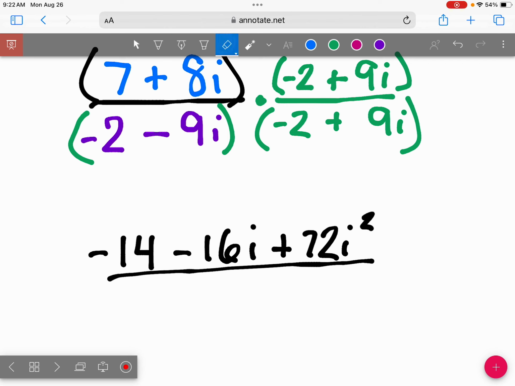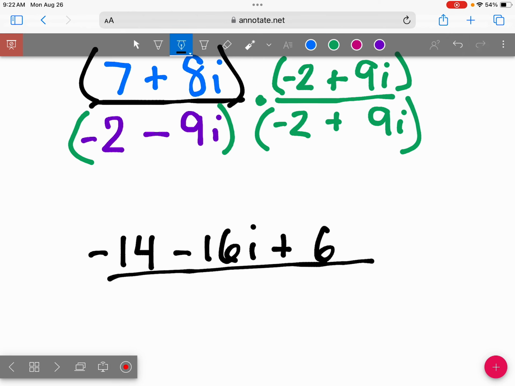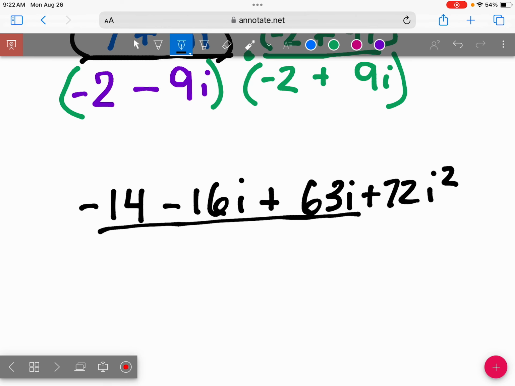I'm going to switch it back to the regular order. 16, the 9 times 7, giving us our 63i plus 72i squared.